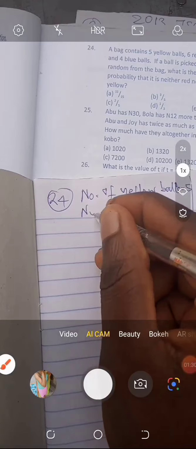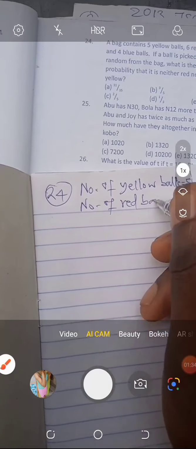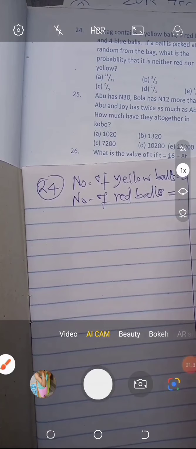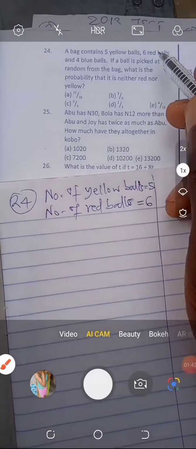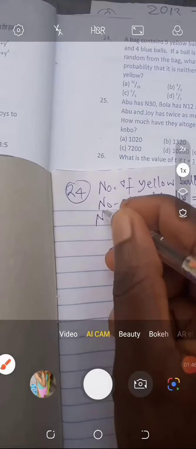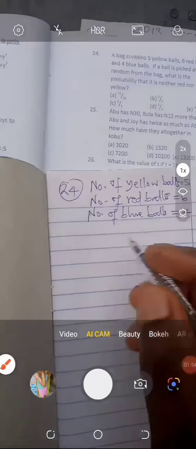The same thing, number of red balls is equal to 6, because the equation says 6 red balls. Now, the number of blue balls is equal to 4.